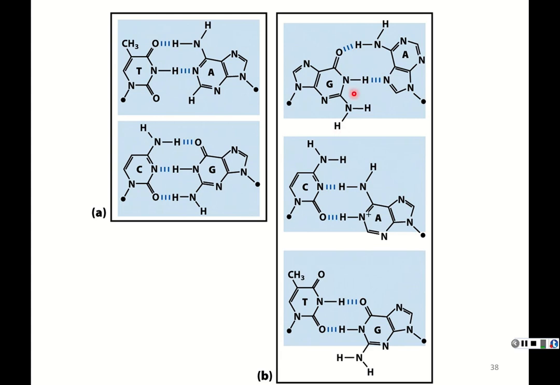But once you start getting some of these mismatched base pairs, where they can still hydrogen bond together, they just don't hydrogen bond in the Watson-Crick method, you see that they start spilling out of that blue rectangle. So they kind of move outside of that active site. That active site helps stabilize the correct base pairing and prevent some of these incorrect base pairings.